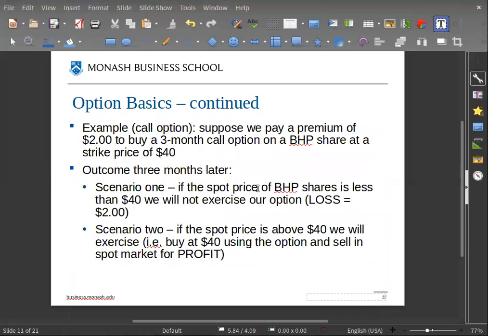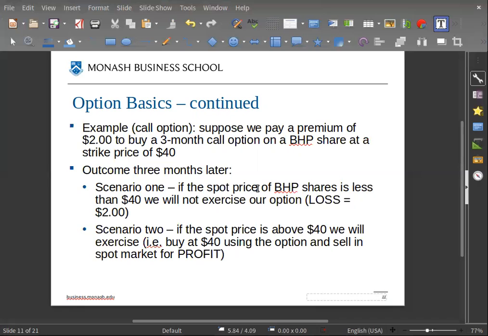For call option. Suppose we pay a premium of $2 to buy a 3-month call option for a BHP share with a strike price of 40. So let's take a look at these numbers. We're paying $2, that is our premium, for the right to have this flexibility. It is a 3-month call option. That means that it will expire in 3 months from today.